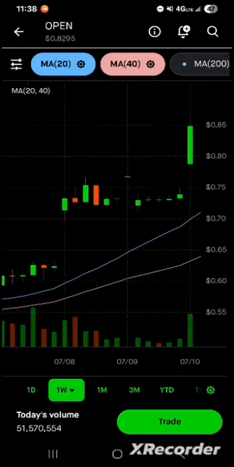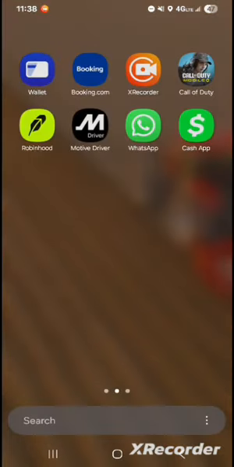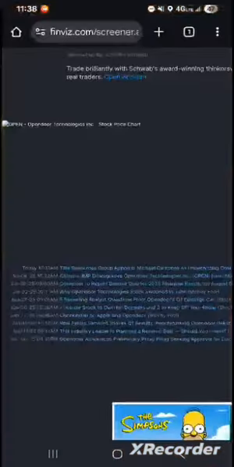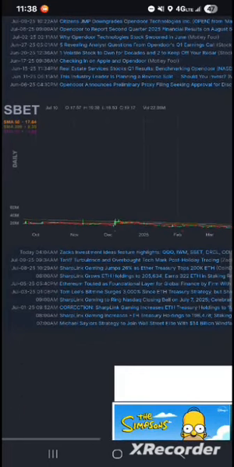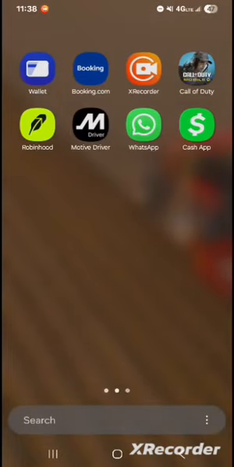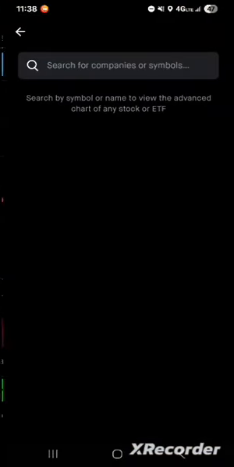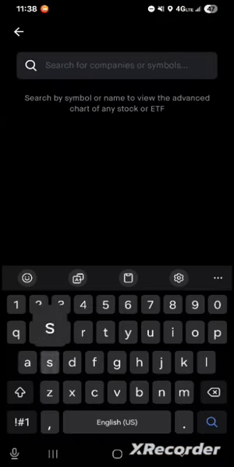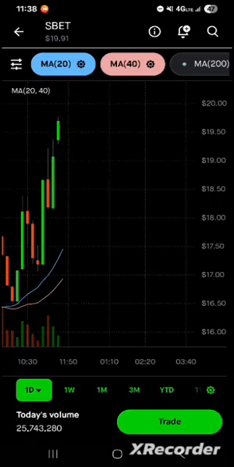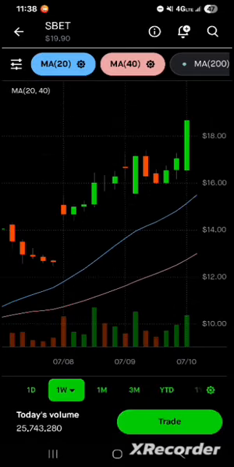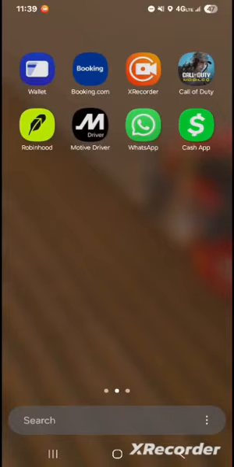We have no cross here as well, so we want to not trade this one either. SBET. Okay, no cross here either. Want to keep on looking.